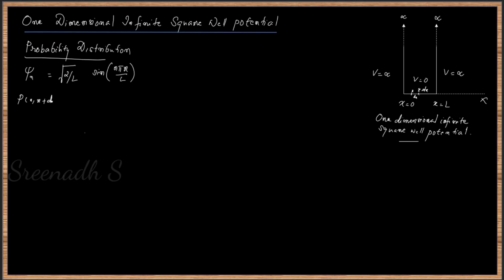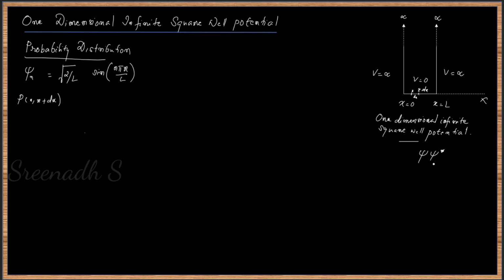There we need to consider the wave function psi, and we have studied the probability density psi star. You remember that psi star is a probability density per unit volume.